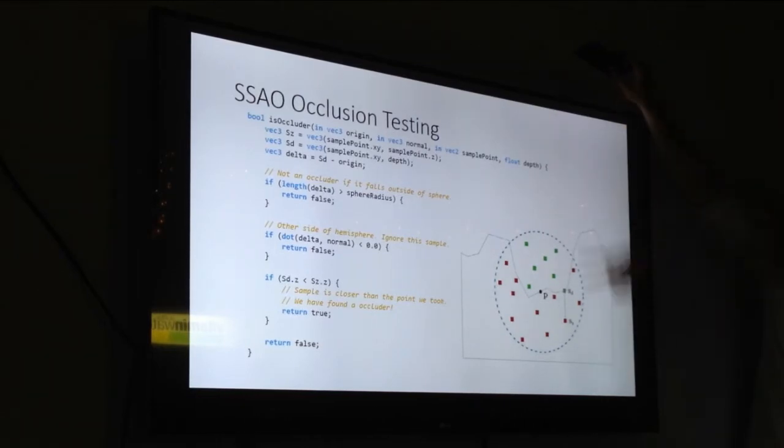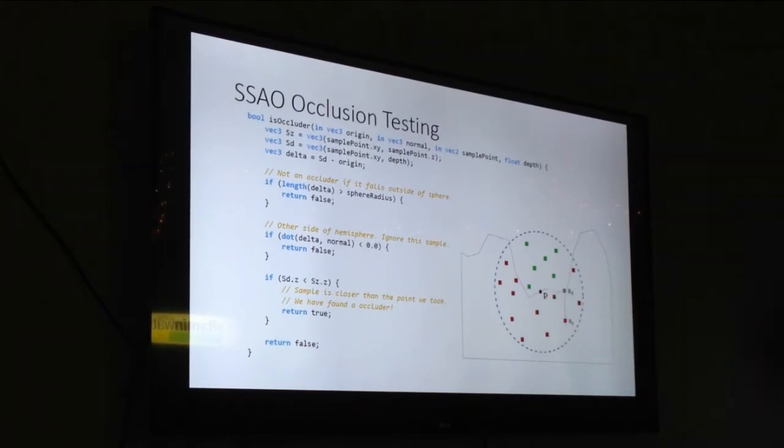That's where you are. That's the game scene, the depth of the game scene. So you expect this sample to be here, but when you read the depth buffer, it actually gives you something closer. This means that you found an occluder. You expect it to be here, and you found something closer, so you found a wall. In this case, we return true.